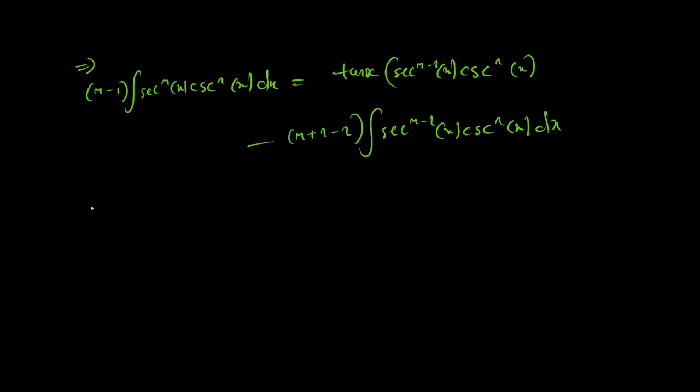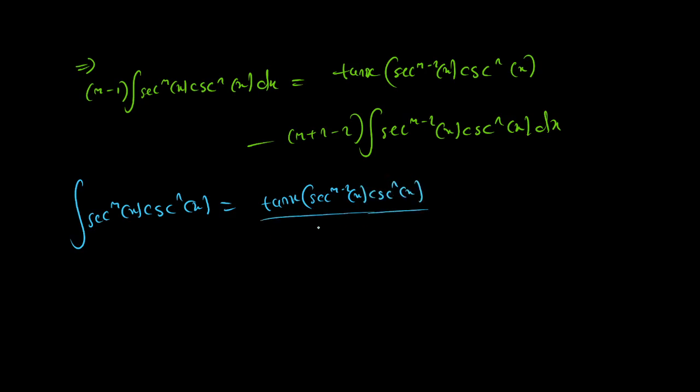So this means that the integral of secant to the m of x cosecant to the n of x is equal to tan x times secant to the m minus 2 of x and cosecant to the n of x, all divided by m minus 1, minus m plus n minus 2, all divided by m minus 1 times the integral of secant to the m minus 2 of x and cosecant to the n of x dx.